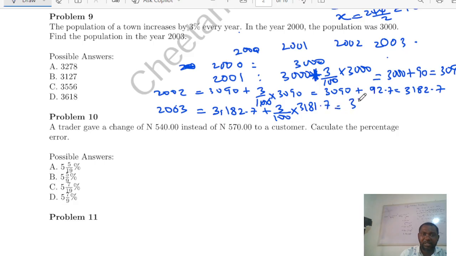So this will be 3182.7 plus, I have a calculator here, 3 times 3182.7 divided by 100, so this is 95.481.